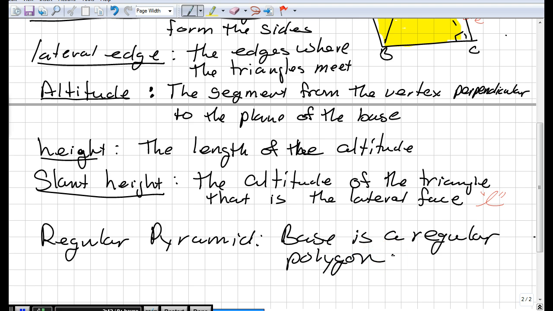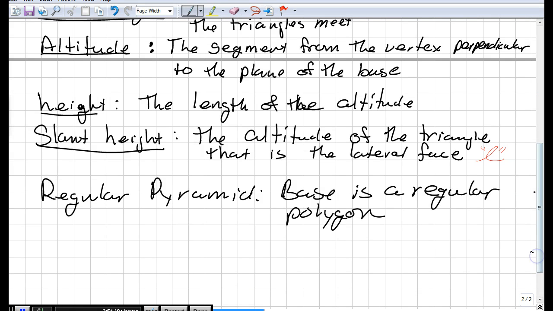Remember, in a regular polygon all sides are congruent and all angles are the same. In a regular pyramid, all lateral faces are isosceles triangles.